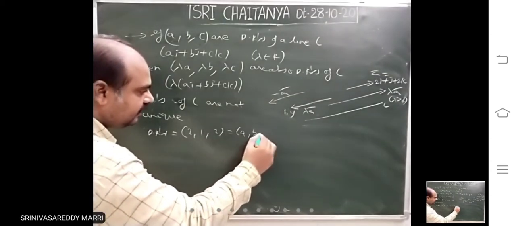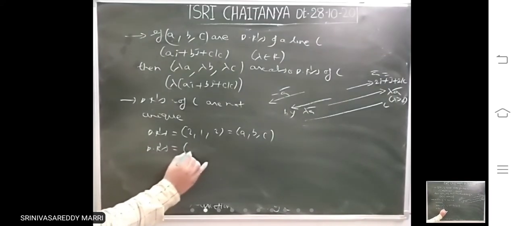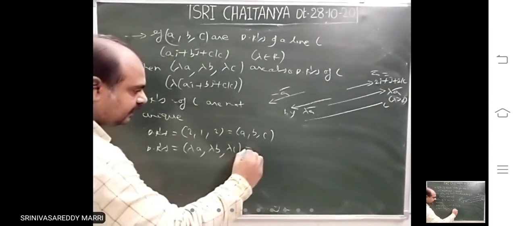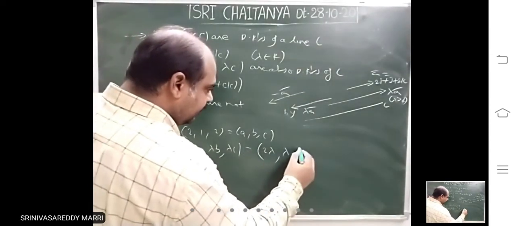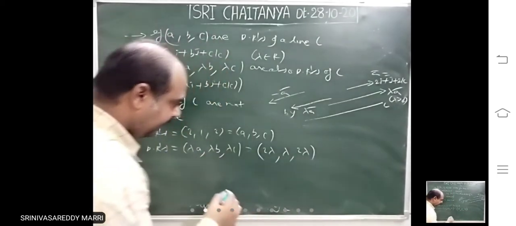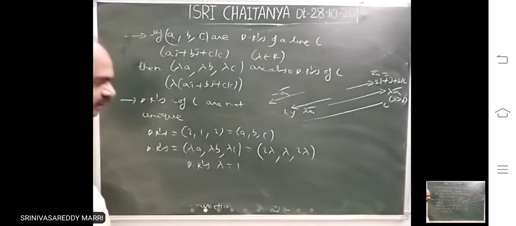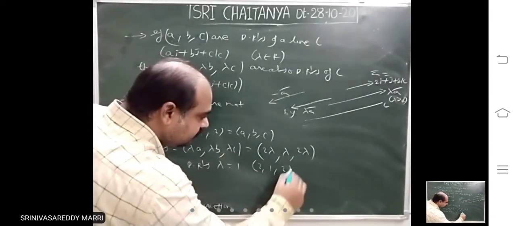This is A, B, C. DRs are also lambda A, lambda B, lambda C. That means 2 lambda, lambda, 2 lambda. Look at DRs: lambda equal to 1 means what? 2, 1, 2.